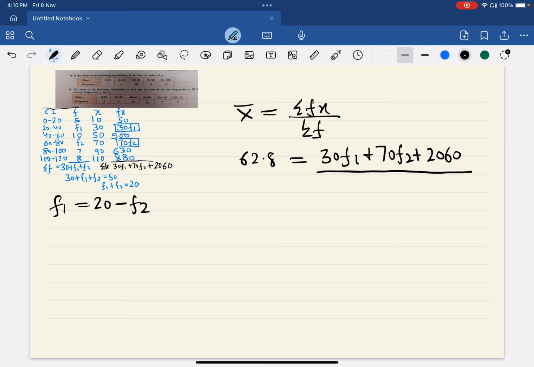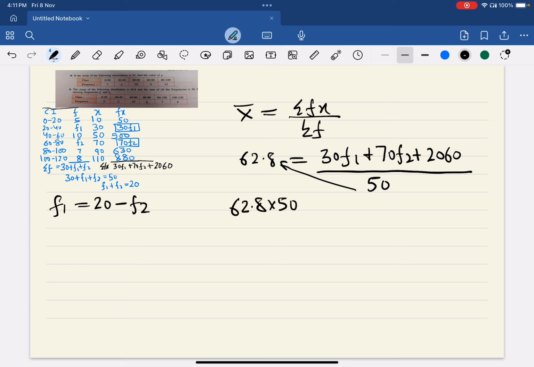Now sigma f is 50. That is what we will use. We will not use 30 plus f1 plus f2 because that will make the calculation longer. Since in the question they have already given it as 50, we will do that and then just cross multiply.